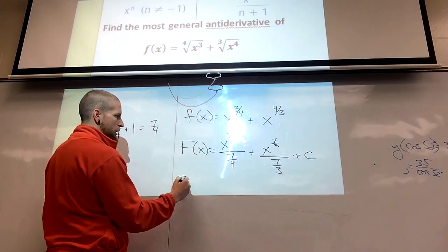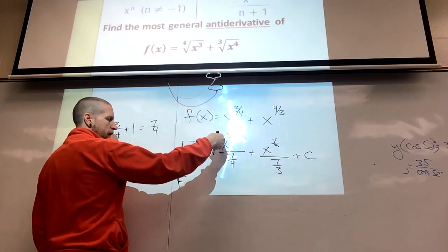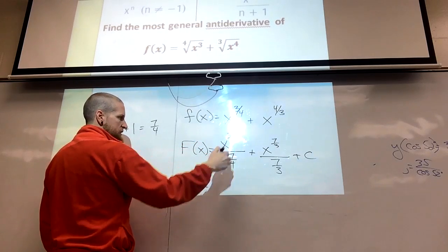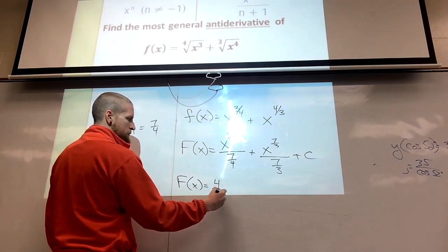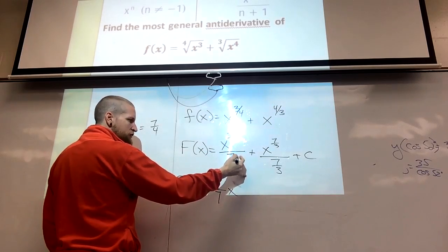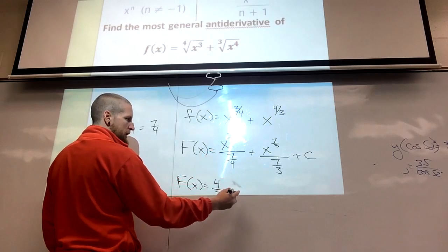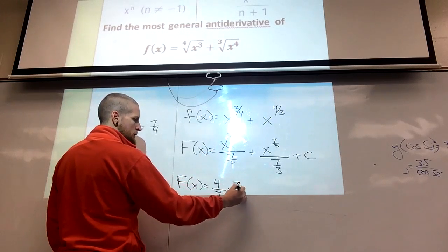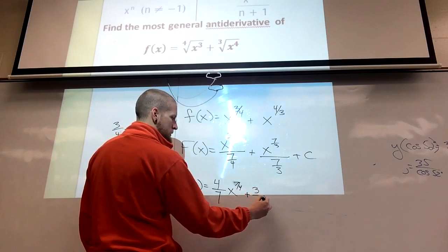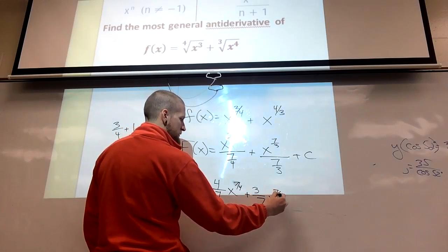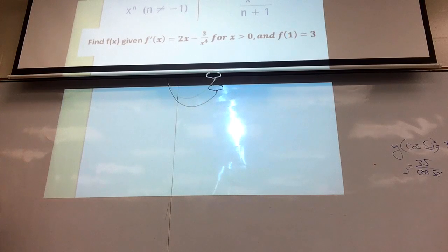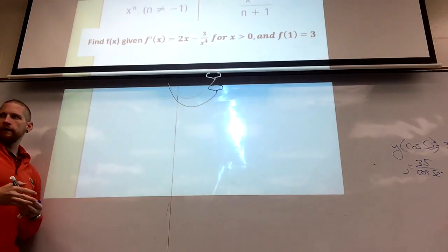So instead of writing it as a fraction with a fraction underneath it, I want this now to become 4/7, right? Because I'm dividing by a fraction, which is the same thing as multiplying by the reciprocal. Okay? x to the 7/3 plus c.